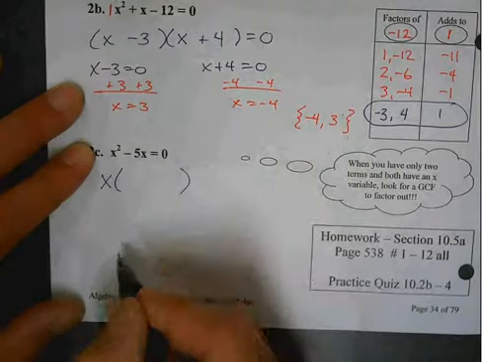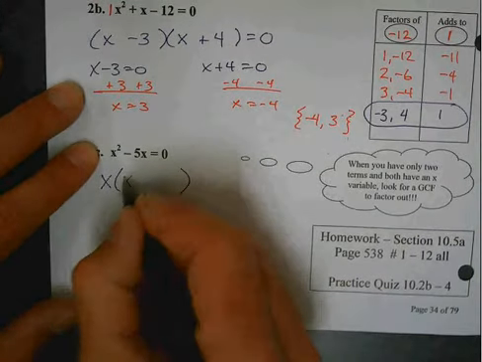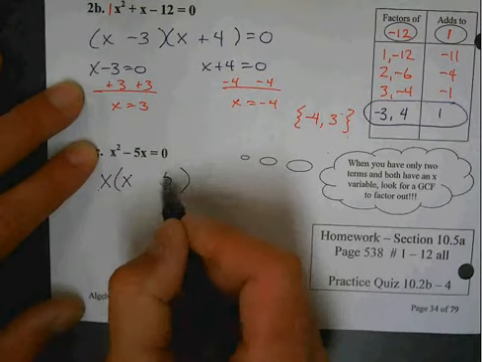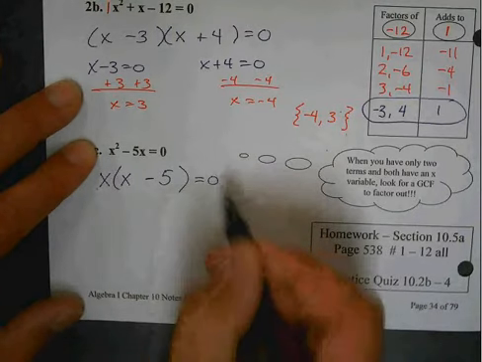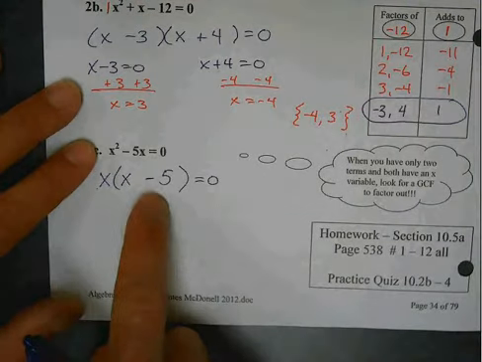Help me here. X times what is x squared? X times what is negative 5x? Negative 5. Do I need an equal 0? Yep. We have two parts. Part 1, part 2. Let's set each part equal to 0.